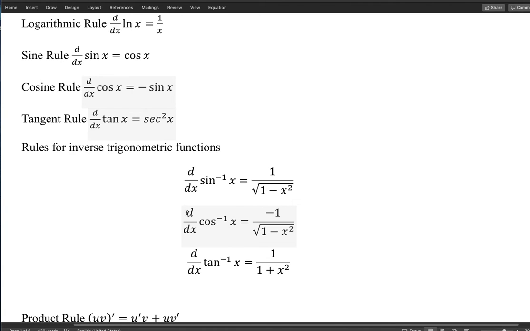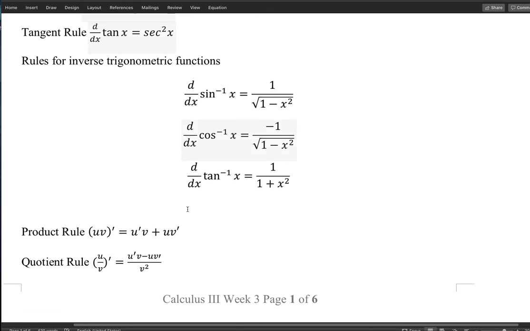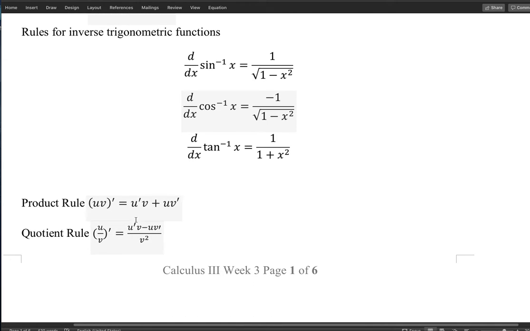But anyway, they are just limited. Each rule works only for one simple case. And many times we do have all those functions combined and mixed. So accordingly, you want to know some other rules about derivatives. This is a really must. The product rule: the derivative of u times v is u prime v plus u v prime. And the quotient rule.